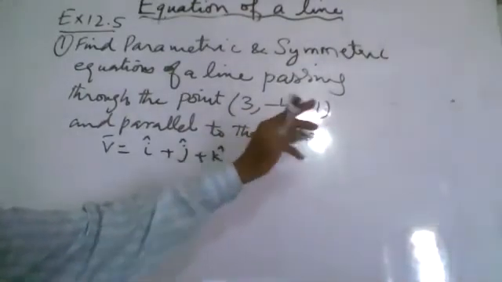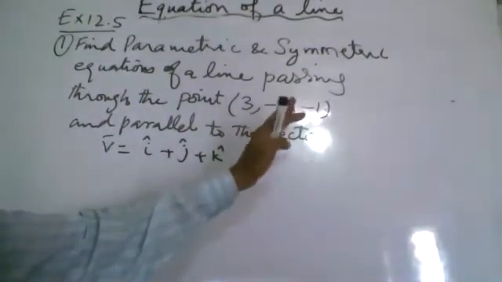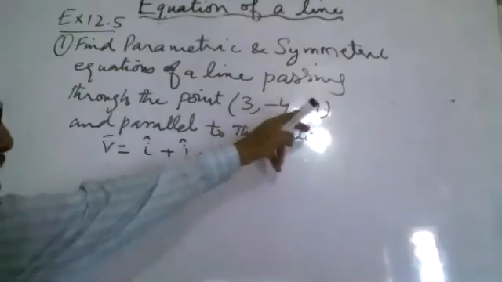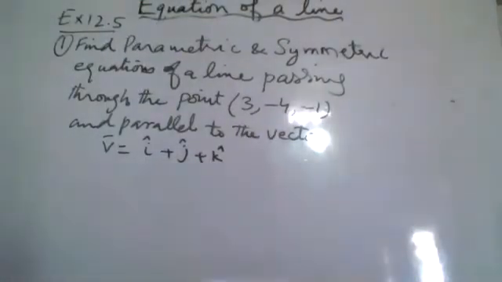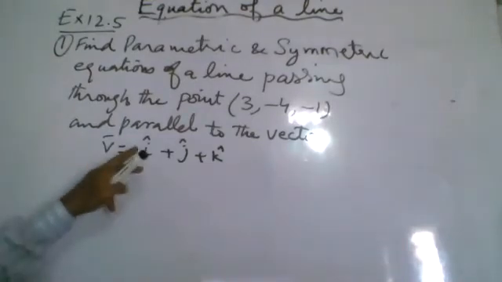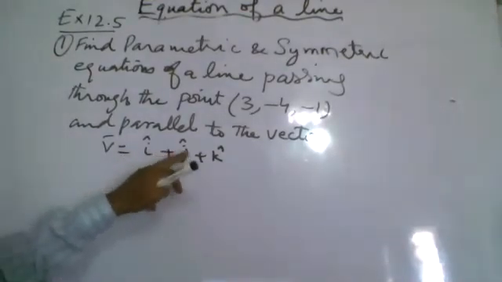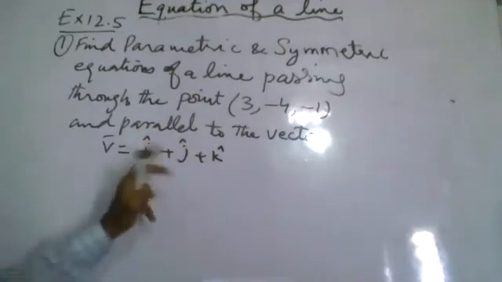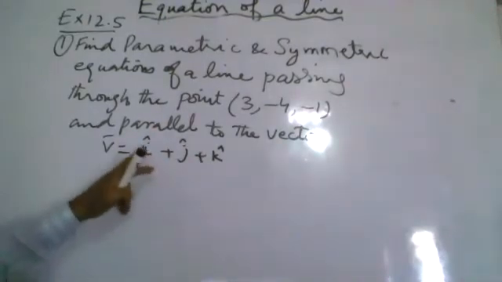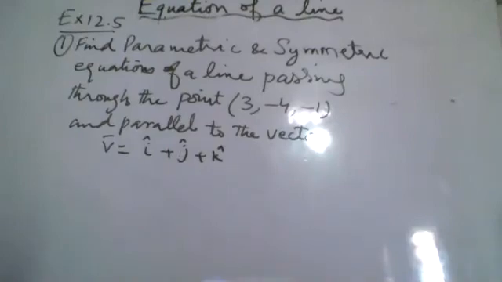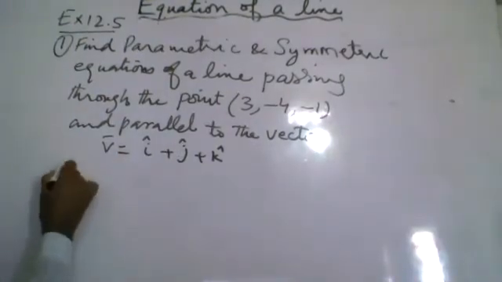I am repeating it because you may not see it clearly. So A is 1, B is 1, C is 1, from Ai plus Bj plus Ck. First of all, we'll find the parametric equations.